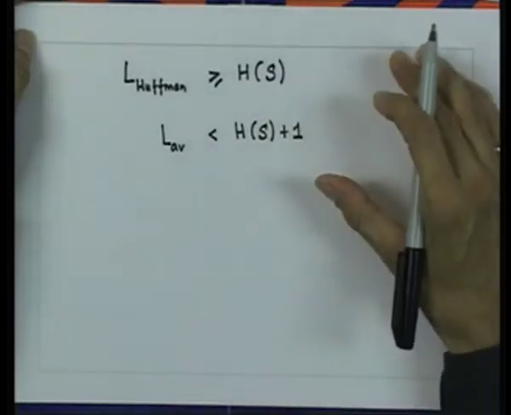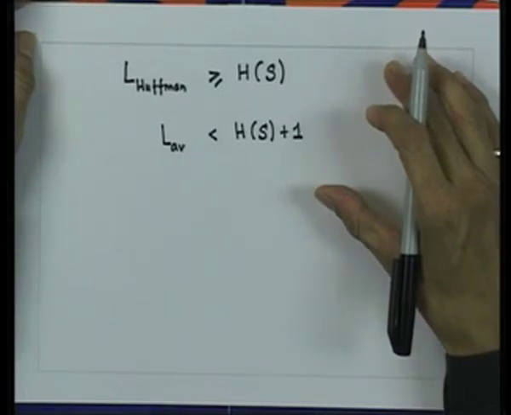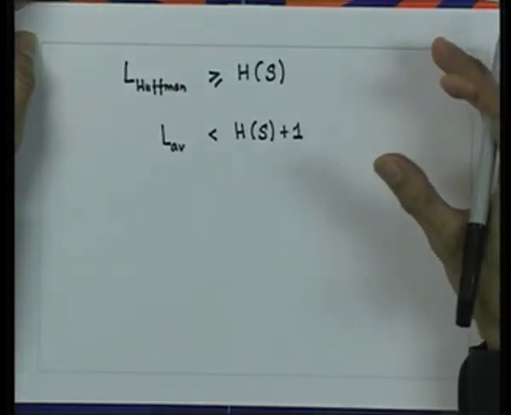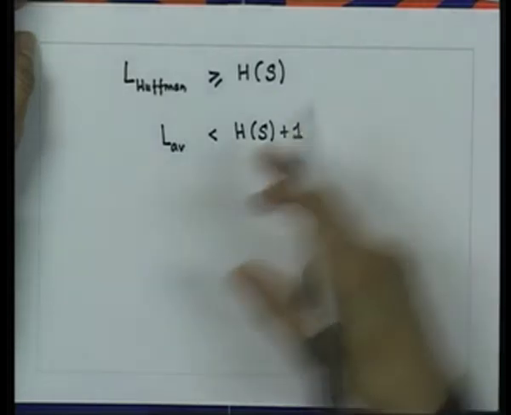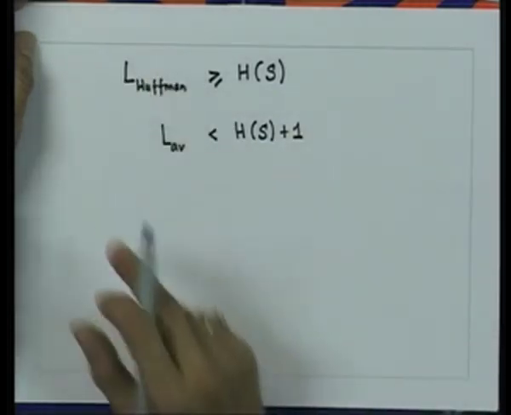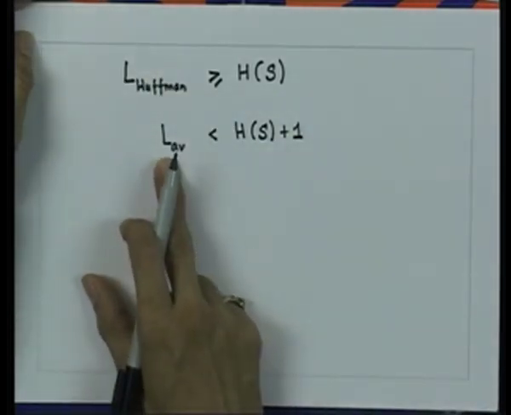Now, for an optimal code like a Huffman code, the length should be less than the average length here.